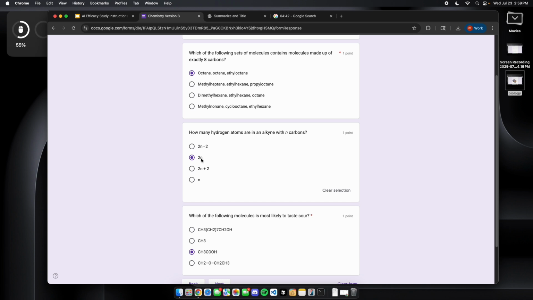Actually, I don't think it should be 2N or 2N plus 2 because this is the alkane and then alkene. So I don't know what alkyne is. Maybe I'll go with N for that one. It's either N or 2N minus 2, because I remember that these were spelled differently with an A and with an E.